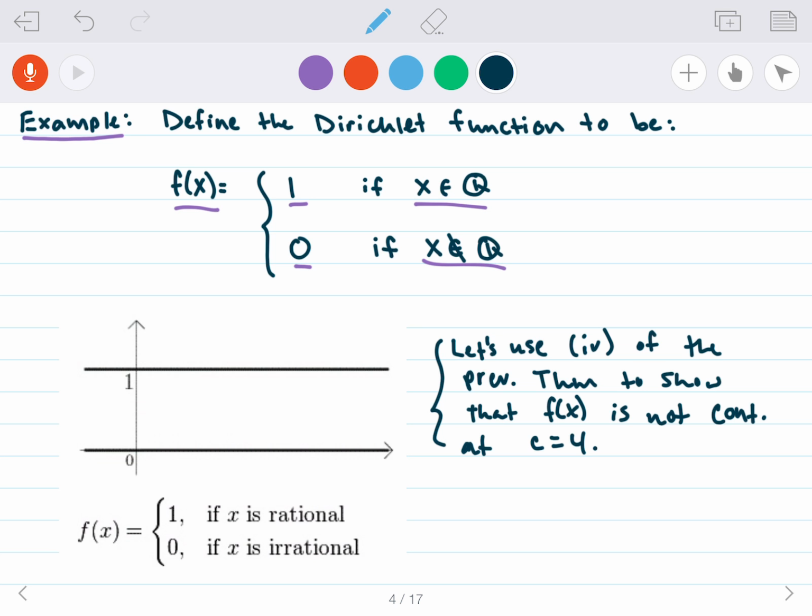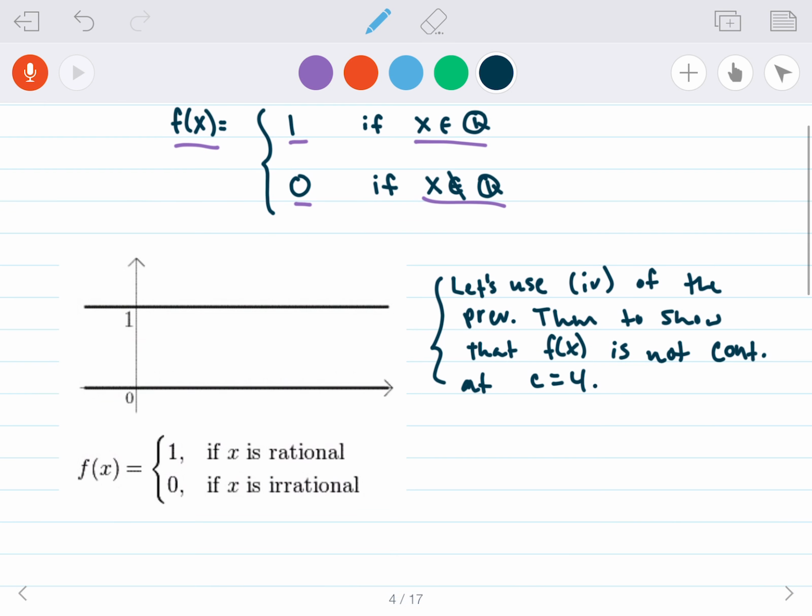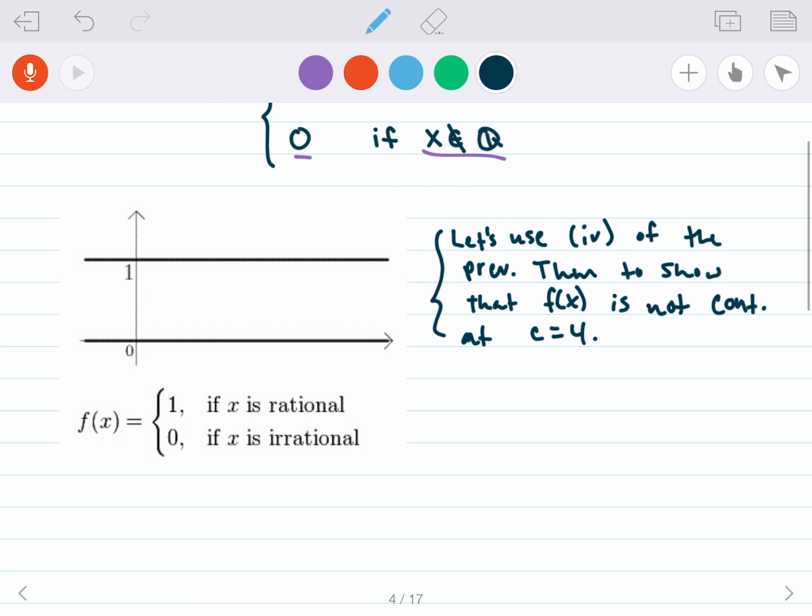But when you apply f, those sequences converge to different things. Okay, so the idea is, incorporate a sequence that is completely rational that converges to 4. And then find another sequence that is completely irrational and converges to 4. Well, then when we apply f, we're going to get that those things converge to different things because of the rule here.